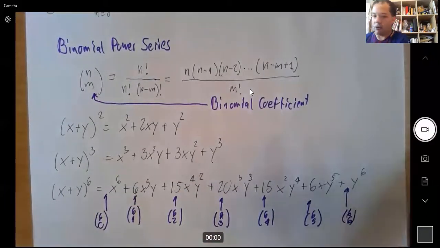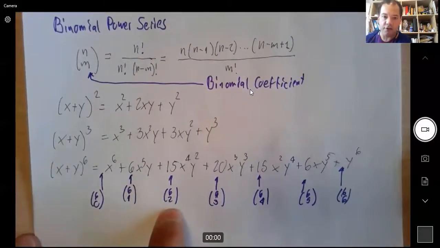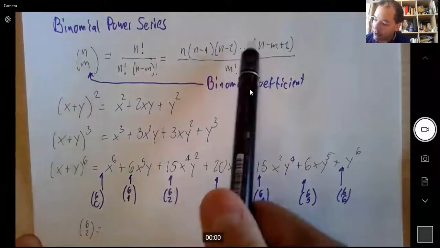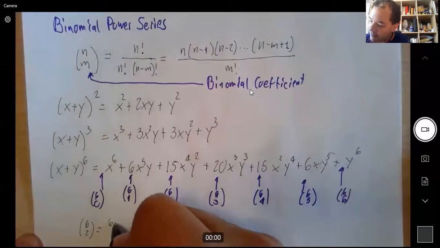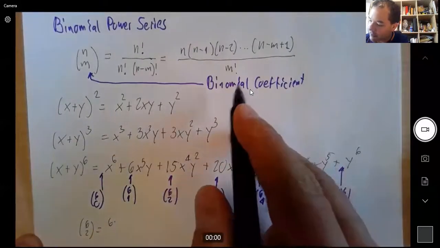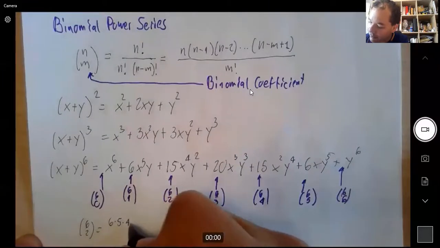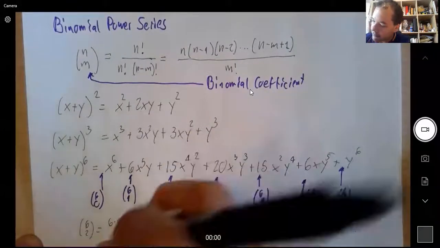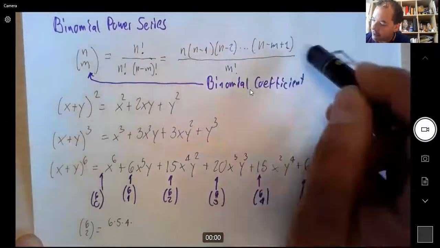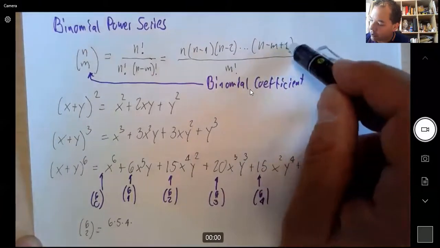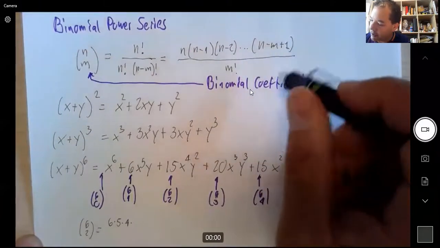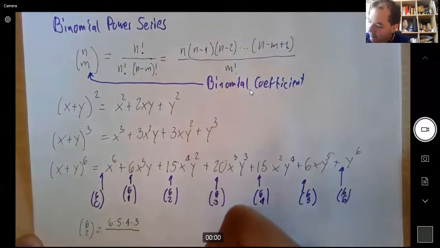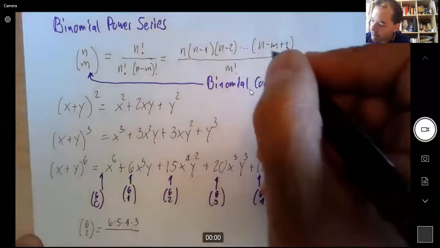And let me show one of these to you. For example, let's do 6 choose 2 using this formula over here. So 6 choose 2, according to this formula, should be 6 times 5 times 4 times, let's see, 6 times 6 minus 1 times 6 minus 2 all the way to 6 minus 2 plus 1, divided by, oh, I made a mistake here.